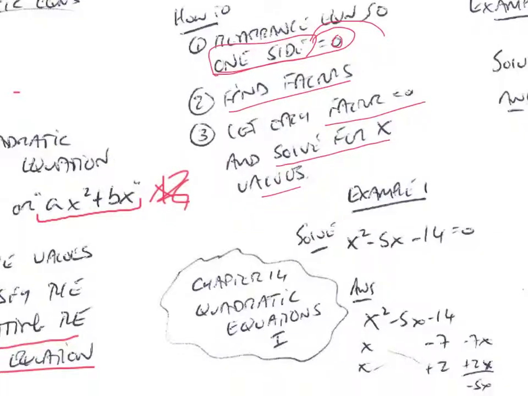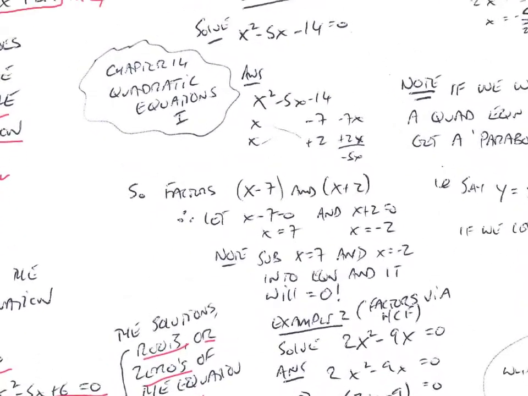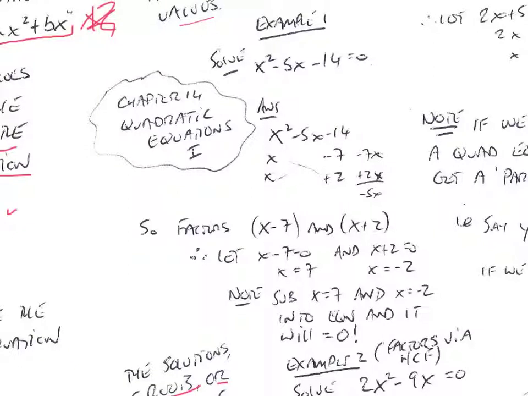Okay. So the first example: solve x squared minus 5x minus 14 equals 0. Well, the way I'll find the factors is this. I'm looking to make minus 5 out of the factors of minus 14. 2 sevens is 14, minus sign means different signs for the factors. x by 2 is plus 2x, x by minus 7 is minus 7x, minus 7x plus 2x is minus 5x, that's what we want.